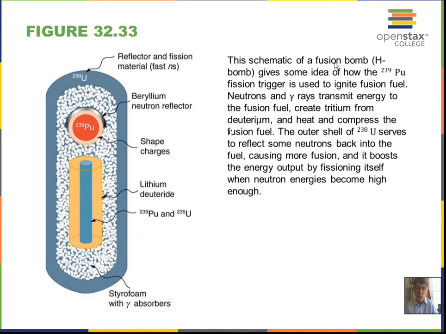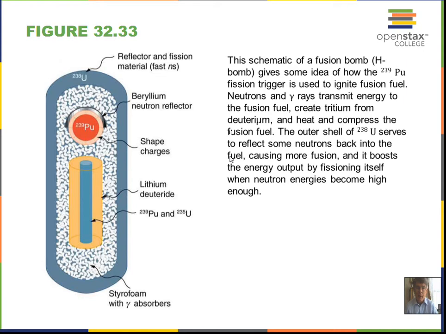It combines a regular fission bomb, the uranium material, but then has hydrogen available to be fused together to give a big release of energy, much bigger than what can happen for a bomb that just uses uranium or plutonium. But we're not going to go into those details.